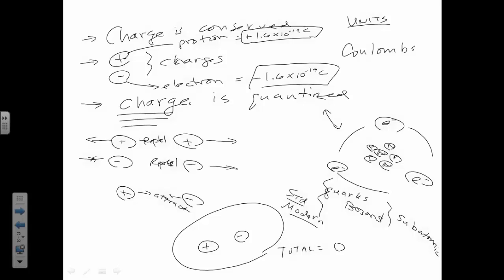So we can add together our charges to see what our total value is. There are so many positives and so many negatives, and if we have equal numbers of both, then the total charge on an object is going to be a net of 0, because positives and negatives add together and cancel out.